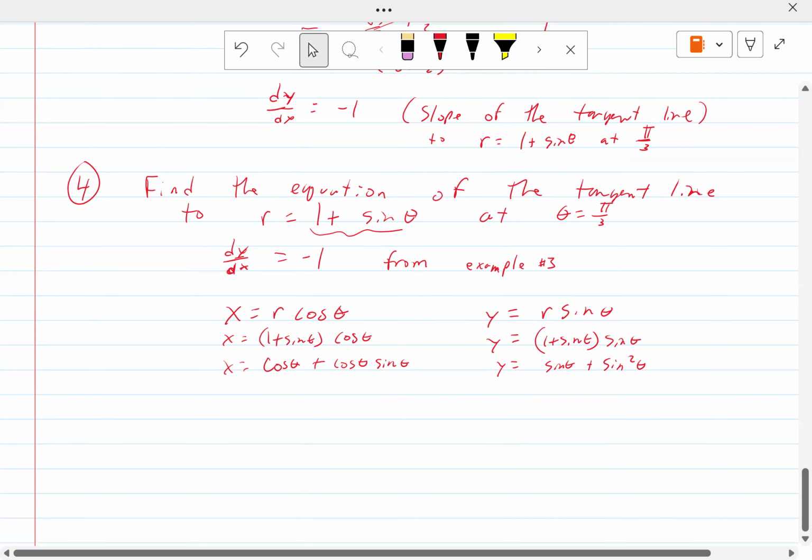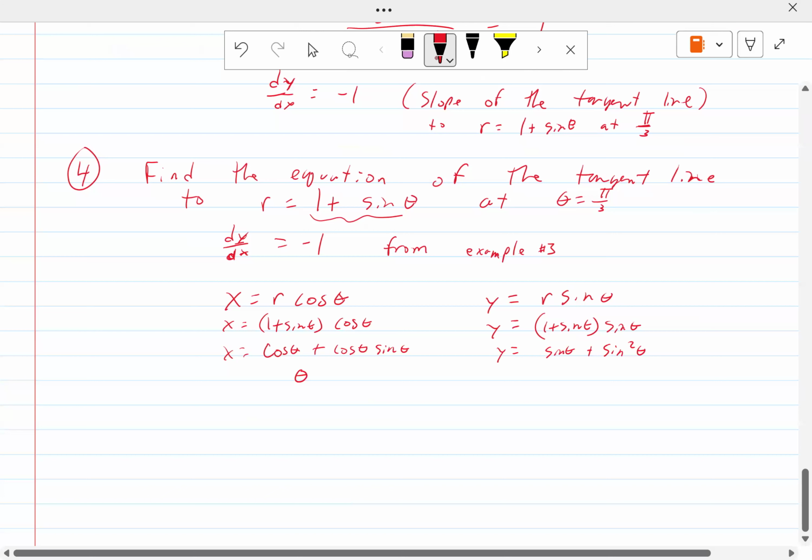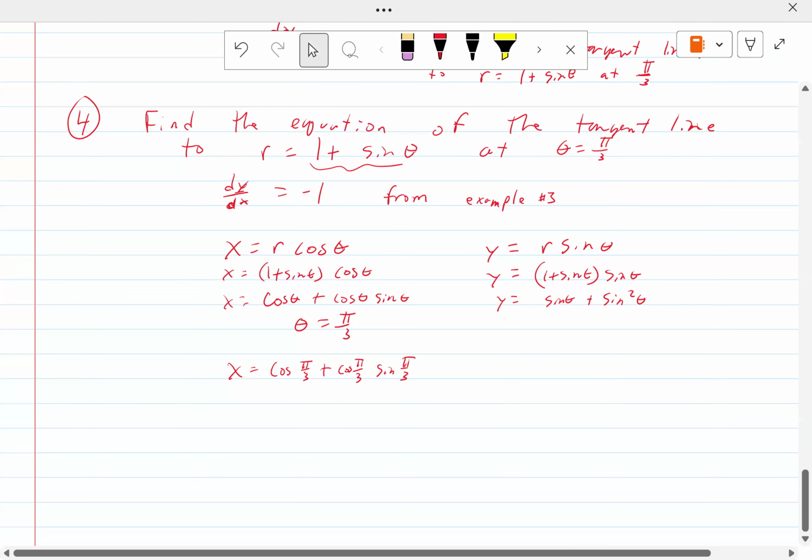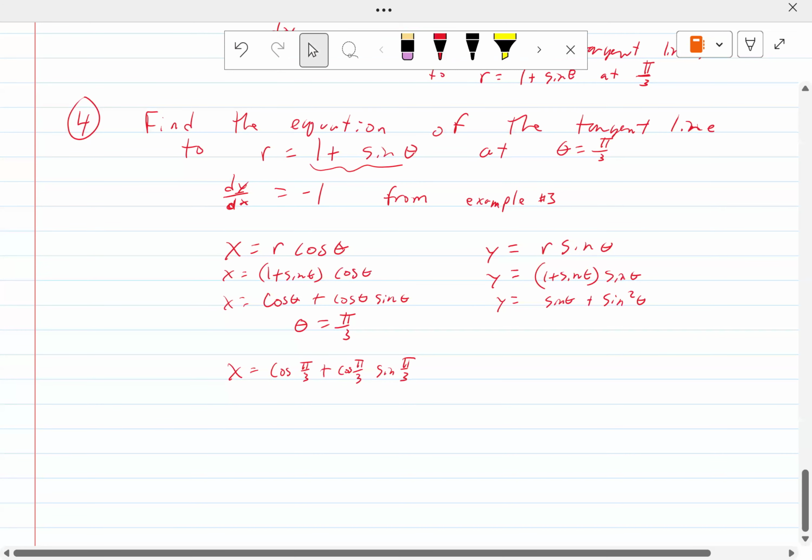Okay, so again, theta is equal to pi over 3. So let's plug this in. x is going to be the cosine of pi over 3 plus the cosine of pi over 3 times the sine of pi over 3. Well, the cosine of pi over 3 is 1/2.